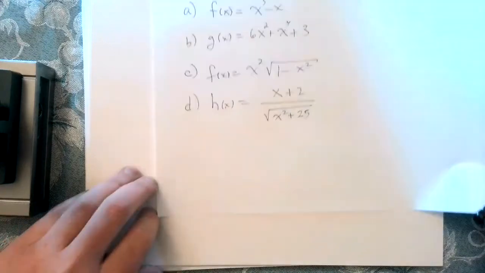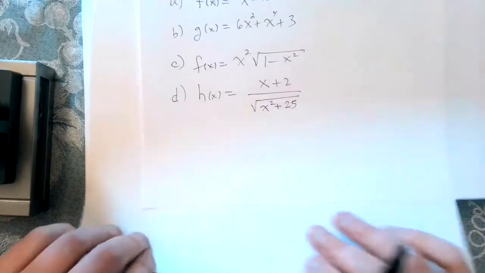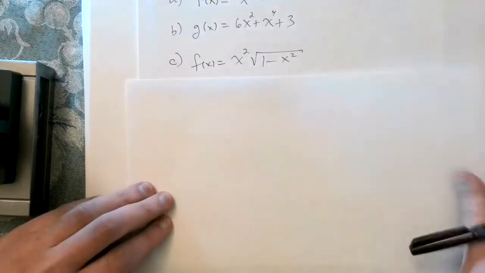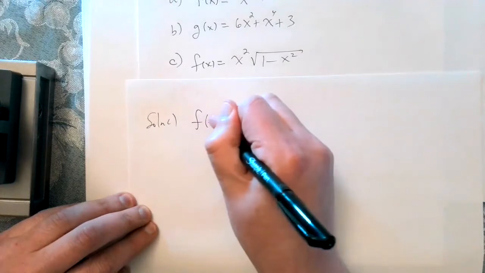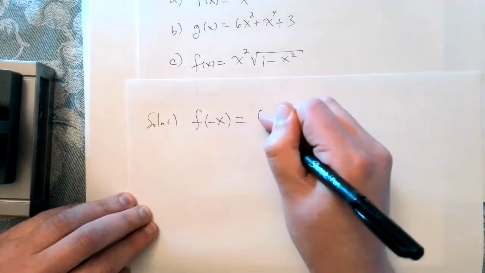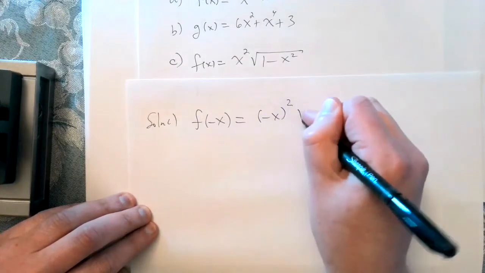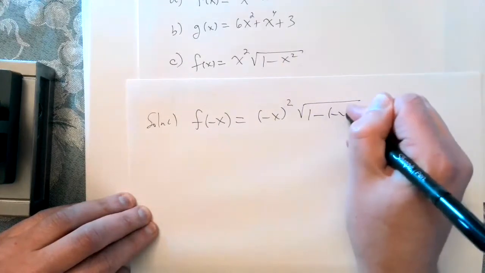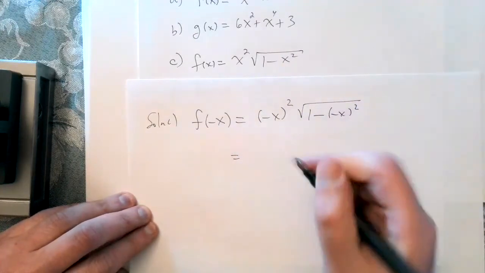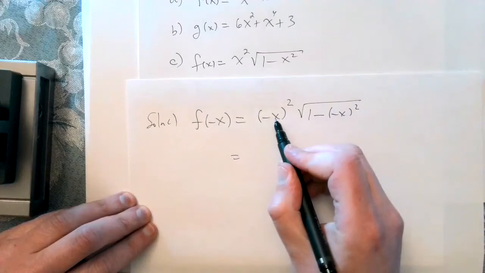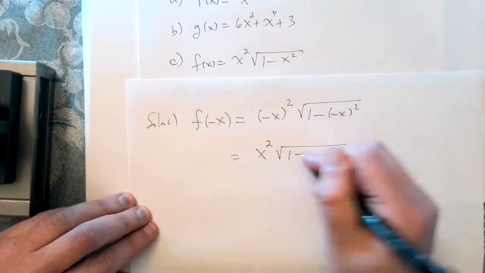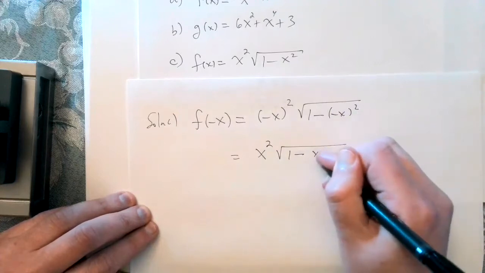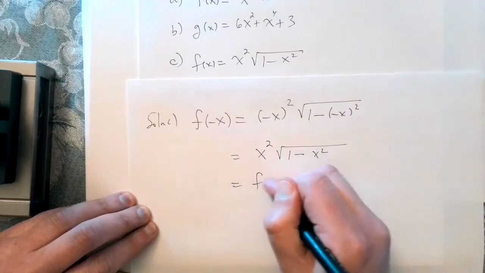Okay, so let's try C. Okay, so to test, we plug in negative x. Okay, we carefully compute. Negative x quantity squared is x squared. And negative x quantity squared is x squared. But that's the same thing as f of x.